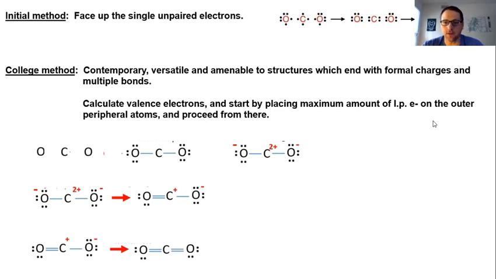But for organic chemistry structures, which could have triple bonds, or negative charges, or double bonds, or positive charges, who knows, when you get a formula like HNCO, I mean, what's going to come out of that? We have to be more versatile and fleet of foot.